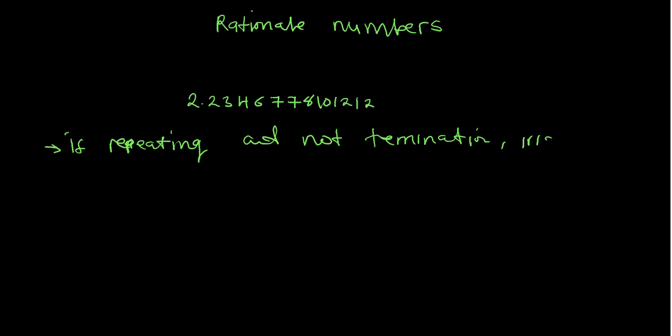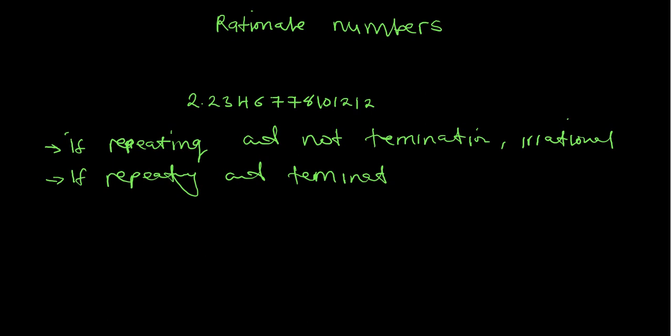So that set of numbers will be irrational. And if repeating and terminating, then they can be rational, so we'll say rational numbers.